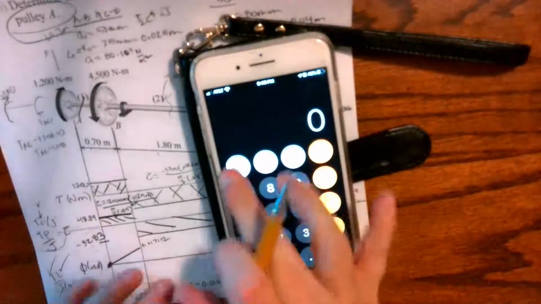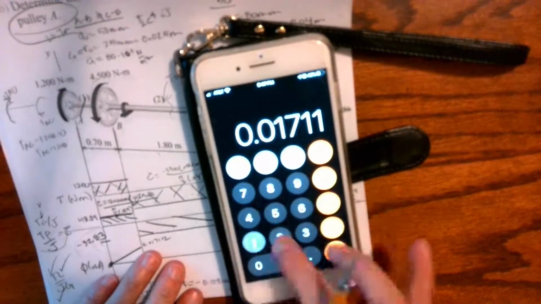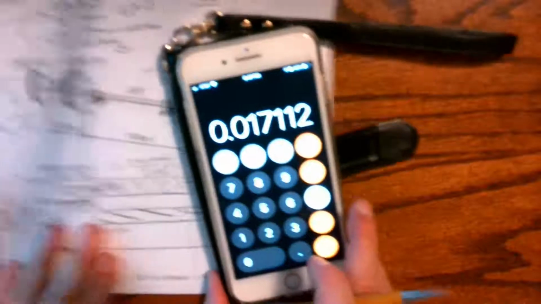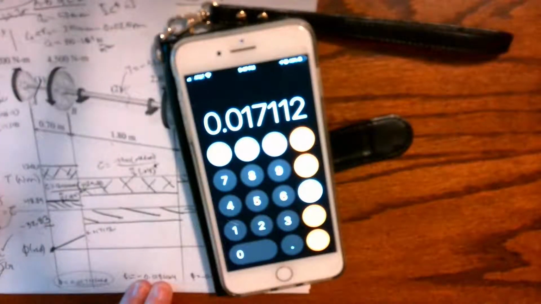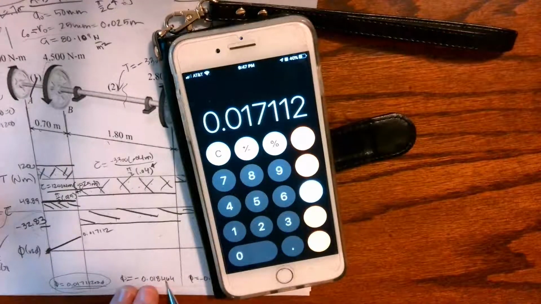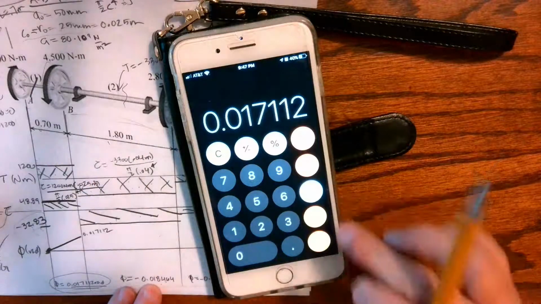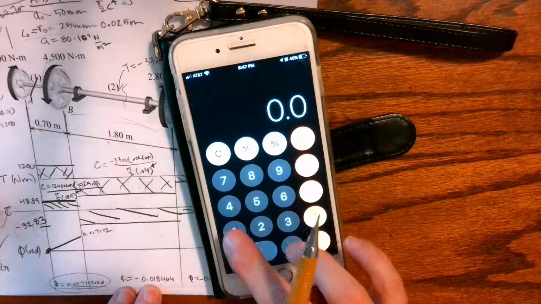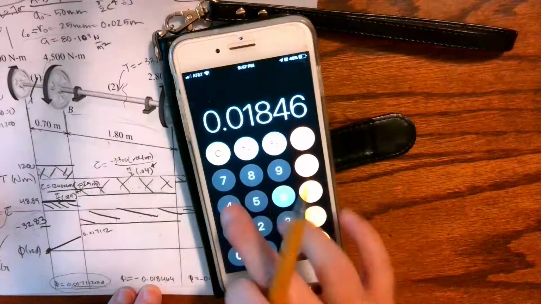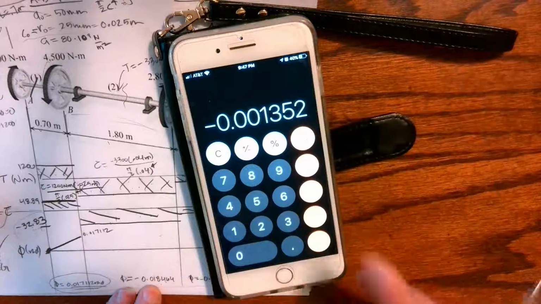Okay, let's type that in. 0.017112 minus the rotation of segment BC, so minus 0.018464, and I get negative 0.001352. So I've crossed over.